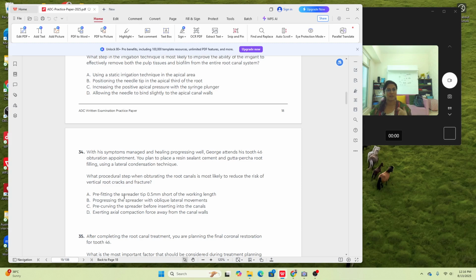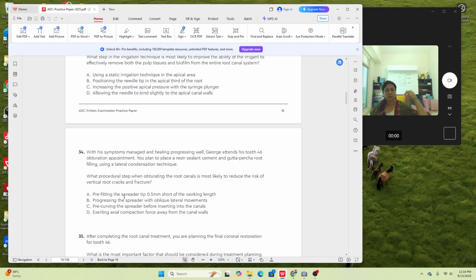You still don't have that warm gutta-percha where you compress and it gets liquefied and you just withdraw it. You're using the traditional lateral compaction technique. So how would you reduce the fracture to the root? Because now they are hollowed and you have removed a lot of dentine to clean the tooth.